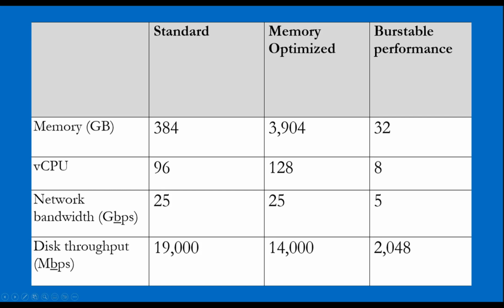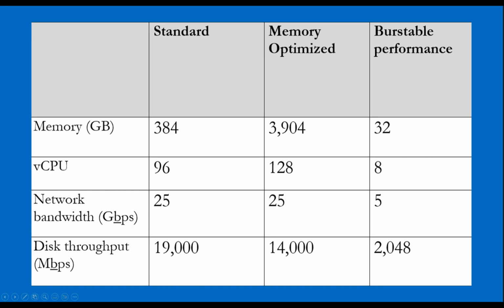So here we've got 32 gig of memory, just 8 virtual CPUs as opposed to 96 or 128, 5 gigabits per second of network bandwidth, and just over 2,048 megabits per second of disk throughput.